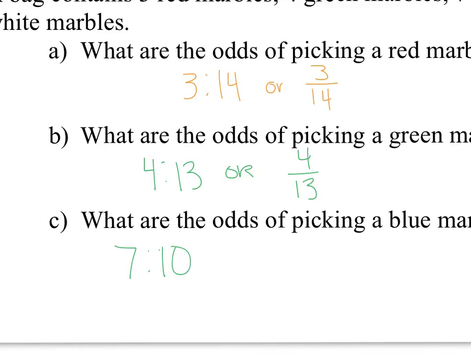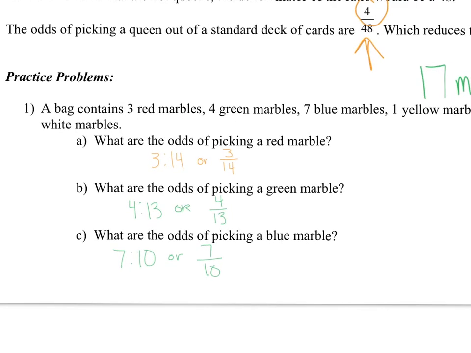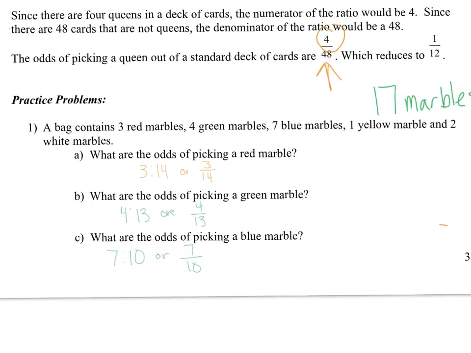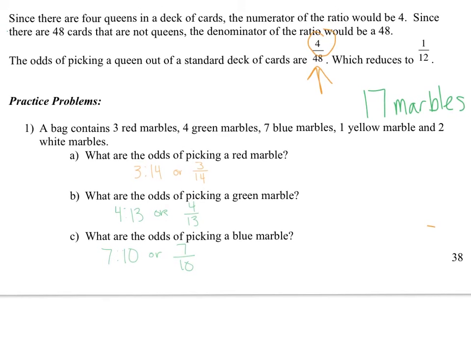So 7 to 10 would be our odds of picking a blue marble out of our bag. So that's really all there is, guys, to finding the odds of something. The total of what we do want over the total of what we don't want, or the favored to the unfavored.